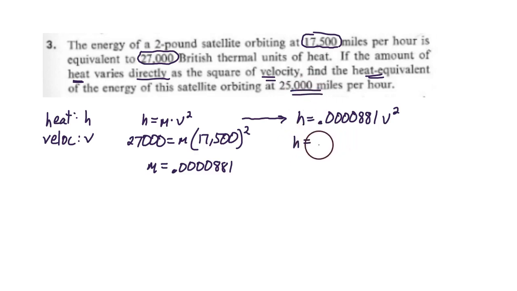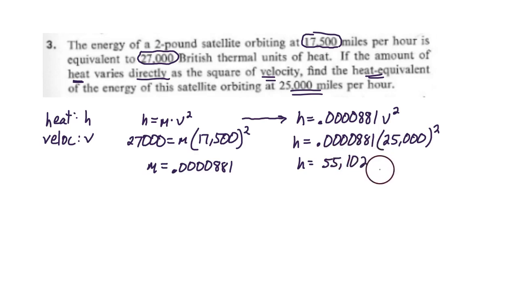So let's make that substitution in place of V. To get H, I have to take this value of m, which is still on my calculator screen, and multiply it by 25,000 squared. I'm just going to press times and then 25,000 squared. The result for H is 55,102. H was measuring heat in British thermal units, or BTUs.